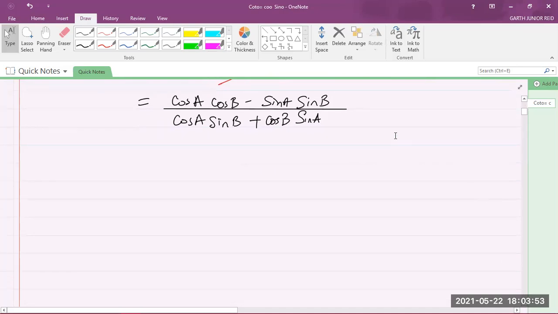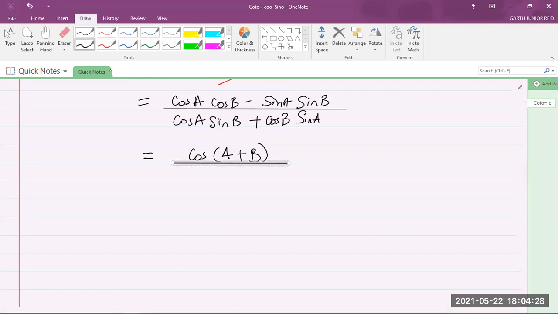Now let's look at the numerator. In the numerator, I have the cos of A times cos B minus sine A sine B. Do you know any identity for that? You should recognize that the expansion of that is actually our compound angle formula. The expansion of cos A plus B is our numerator there, and that is our compound angle formula that you should remember.